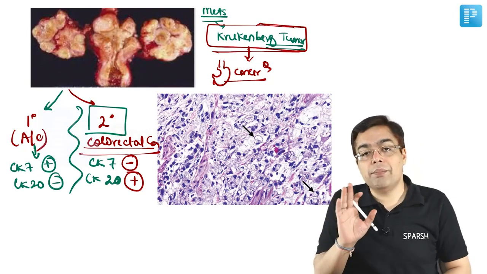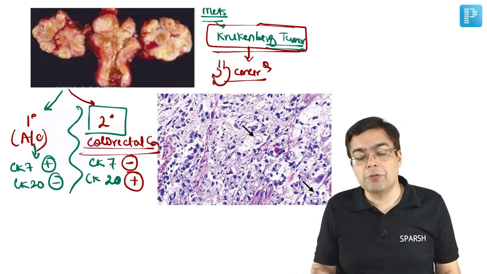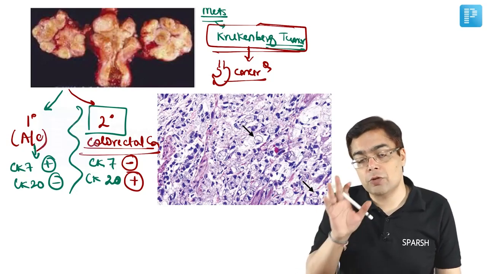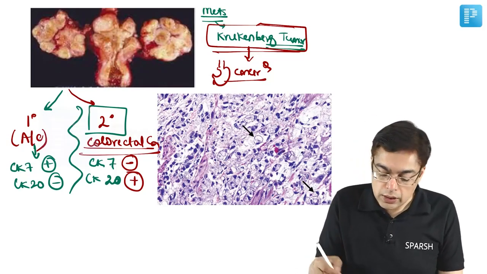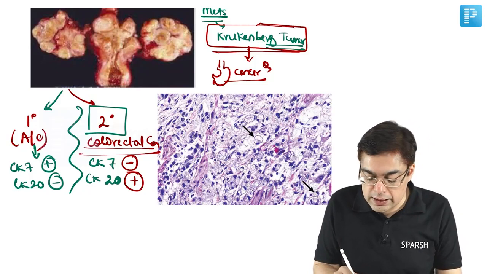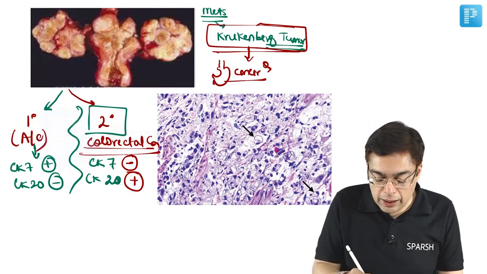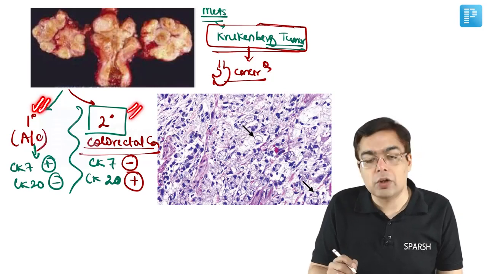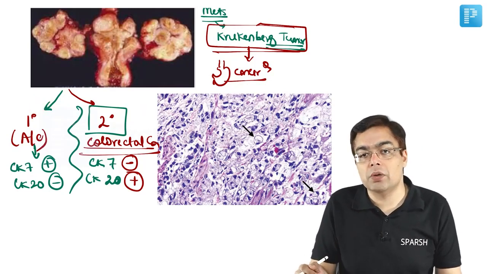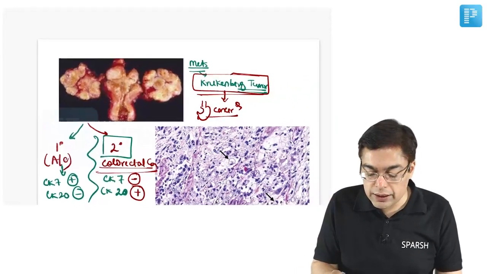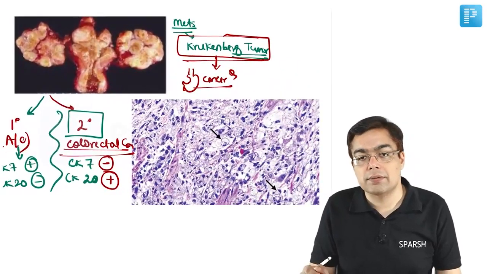Of course, there may be few exceptions here and there which may not be following this particular classification, but for the sake of a concept-based question, the use of markers like CK7 and 20 can be helpful in differentiating a primary adenocarcinoma from a secondary tumor, which is going to be something like colorectal adenocarcinoma. So that is what we need to have an idea so far as the Krukenberg's tumor is concerned.